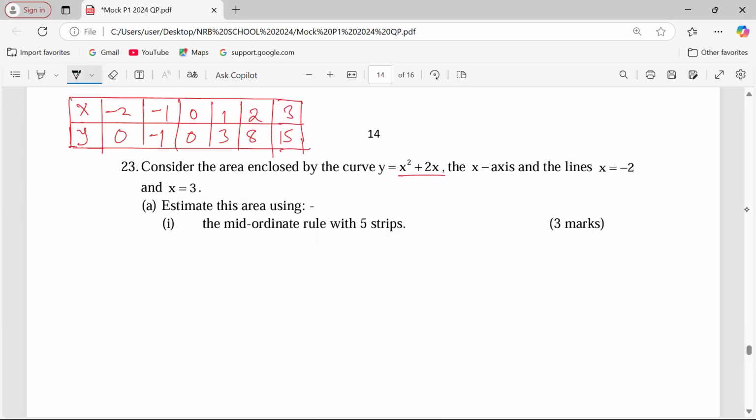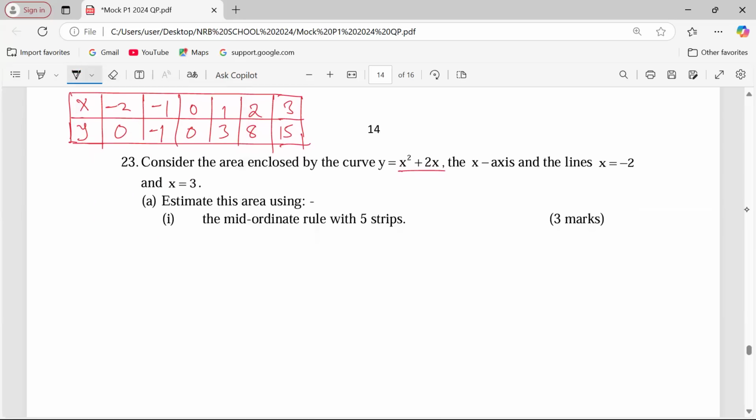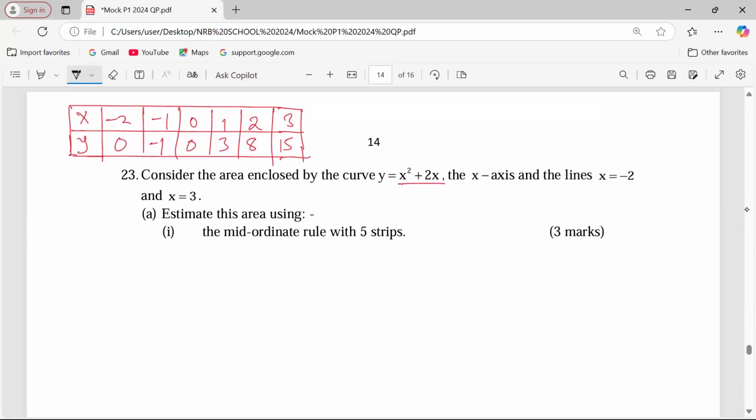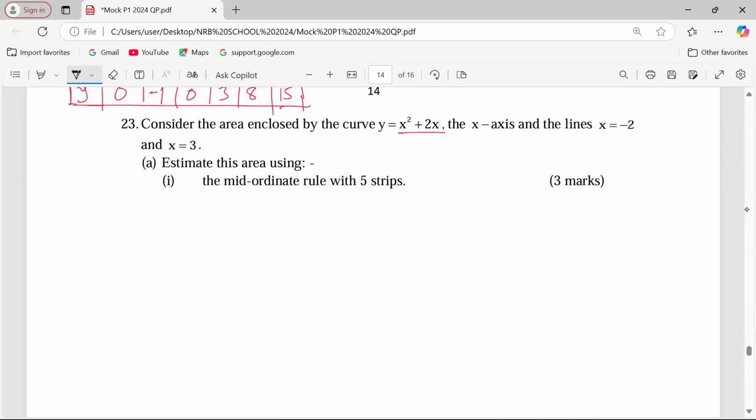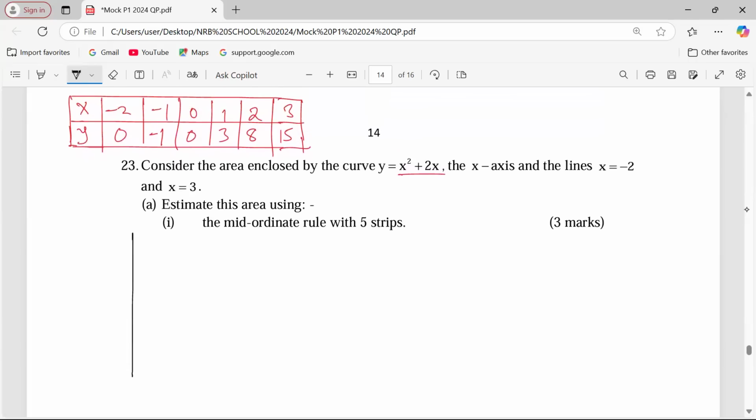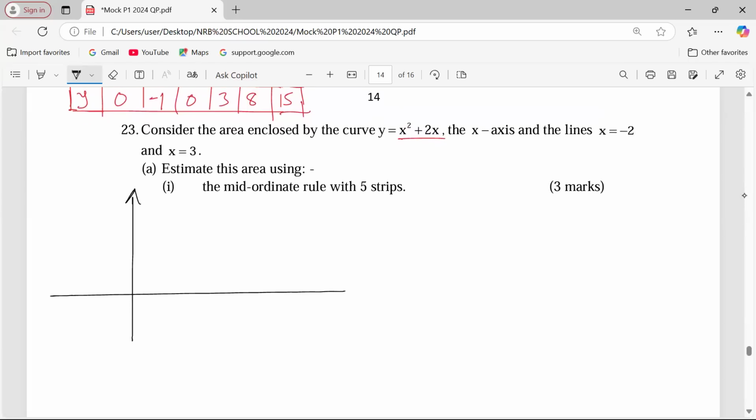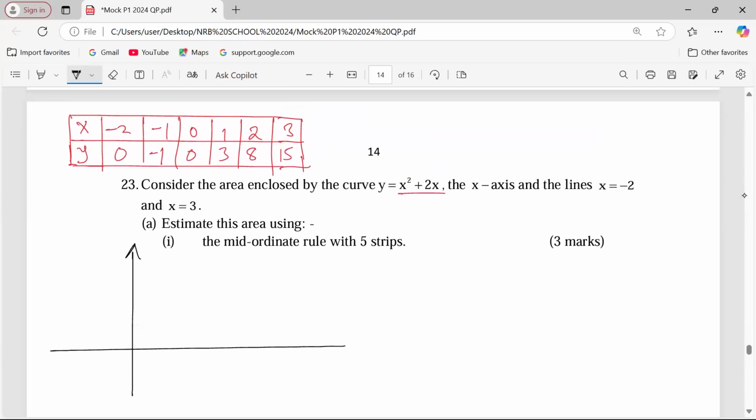For a sketch of the curve, you discover that we have 0, -1, then we go to the positives. So the curve basically will behave this way. At -2, we have a 0.